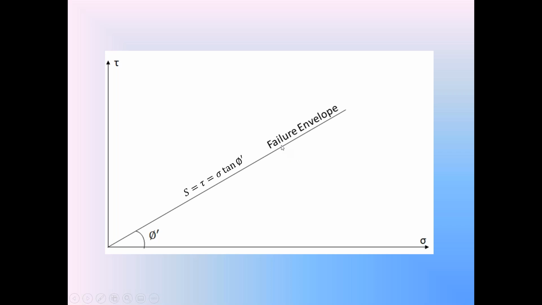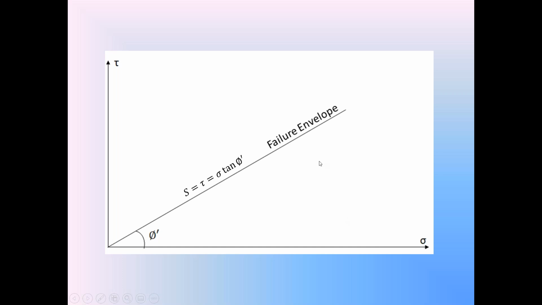Consider the stresses in the cohesionless soils below a structure; that structure may be a dam, a bridge, or a building. If the stresses in the cohesionless soils are below this envelope, in this portion, the cohesionless soil is safe.